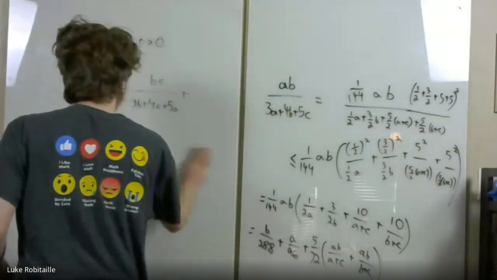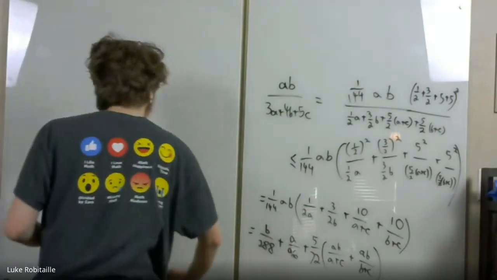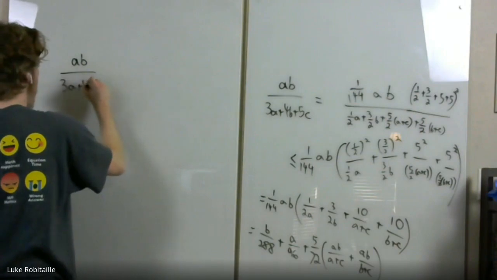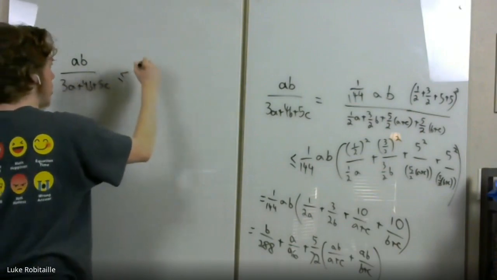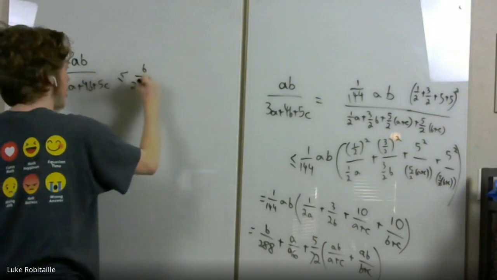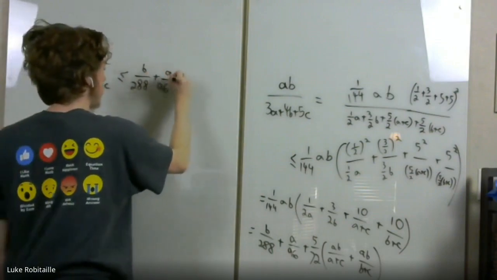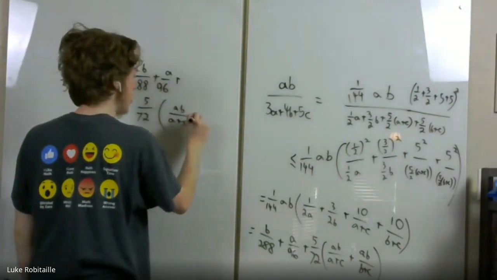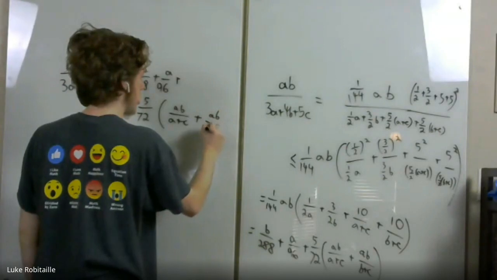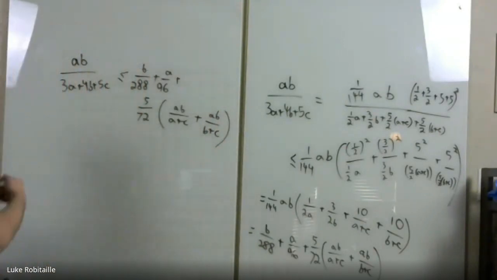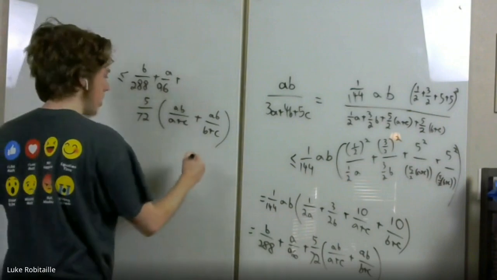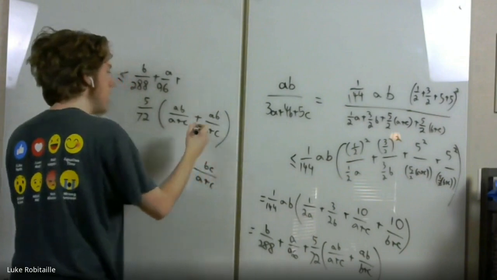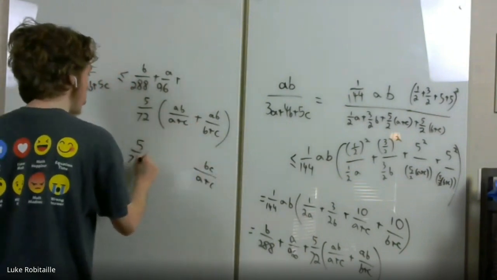We're going to take this expression, and I'll rewrite it over here, and cyclically sum over A, B, and C. Because on the next term, there will be a BC over A plus C, like the B goes to C, C goes to A, and then with the same coefficient.